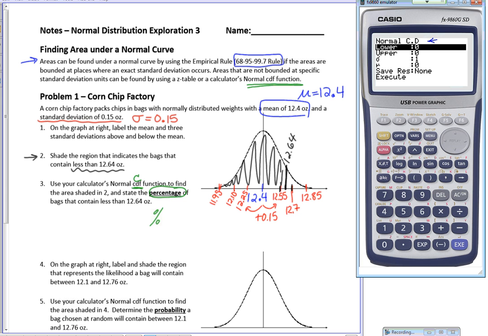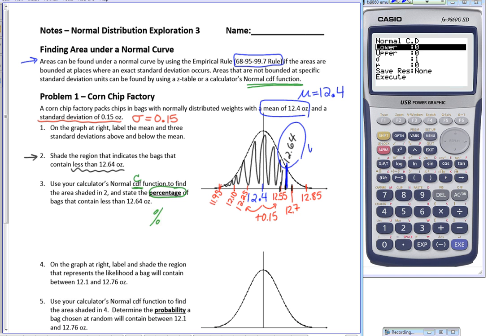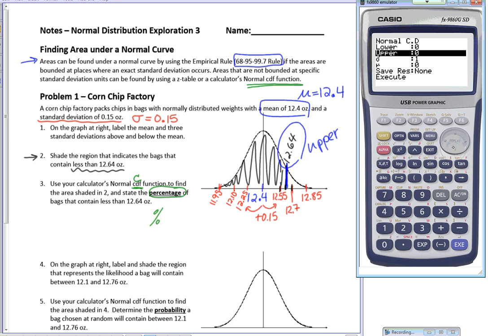Okay? So what we need to do is put in a lower and an upper, and these are the bounds for our graph. Our upper bound is the 12.64. But the lower bound, I need to think about, there is no left side where I capped it off.